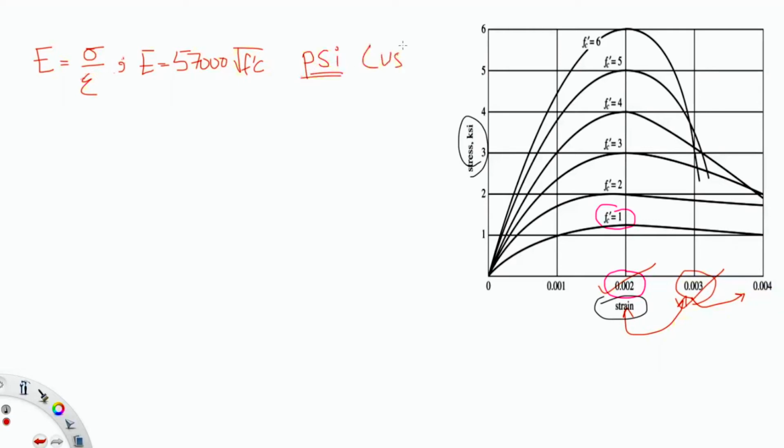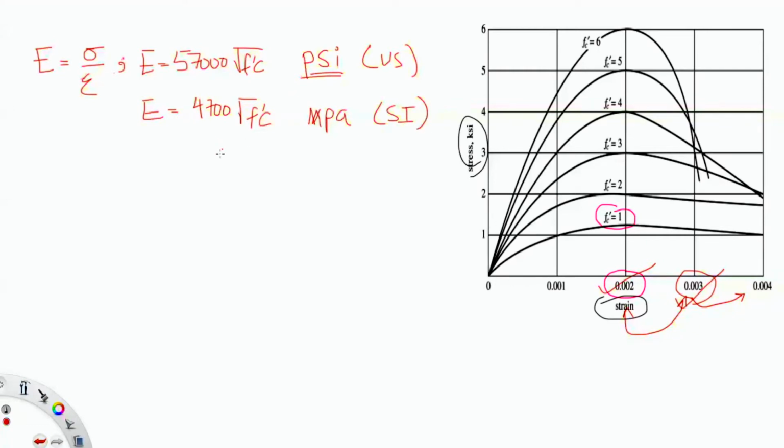In SI units, E is equal to 44,700 radical f'c, and the unit will be megapascal.